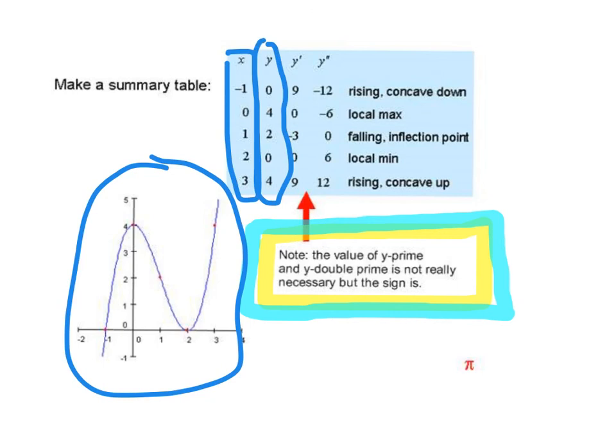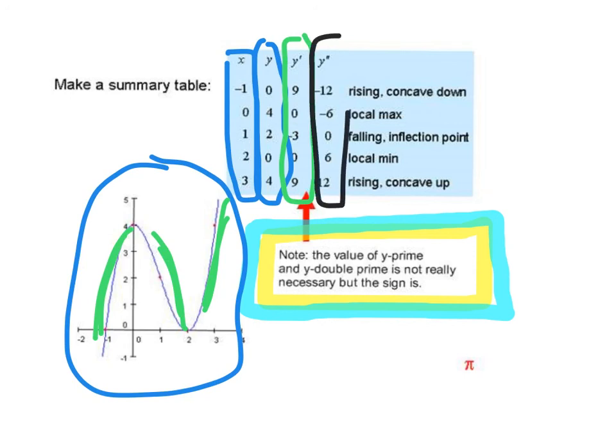But what does this column that I'm circling in green represent? That represents positive numbers. You have increasing behavior. So like the 9 would be increasing, and this 9 would be increasing, and then the negative numbers here would be the decreasing behavior. And then likewise, this stuff right here is going to give me my concave up.